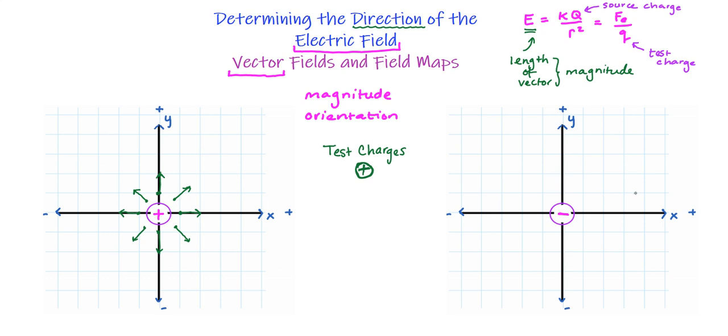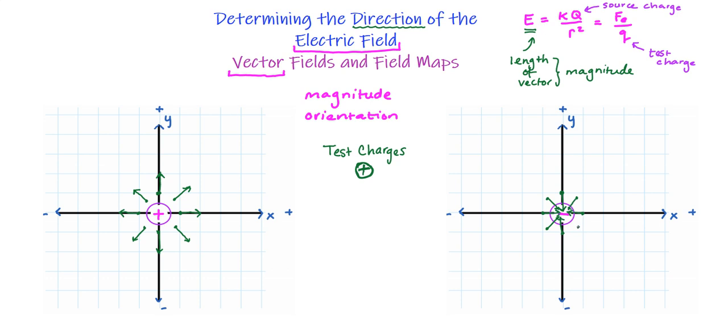If I were to place a positive test charge at this location right here, it's no longer going to have a direction pointing away because positive charges are attracted to negative charges. So I'm going to draw the arrow pointing towards it. Same thing would happen at all of these locations. If they're equidistant, they would have an equal length arrow pointing towards the source charge.